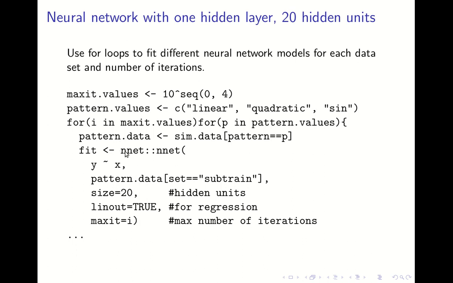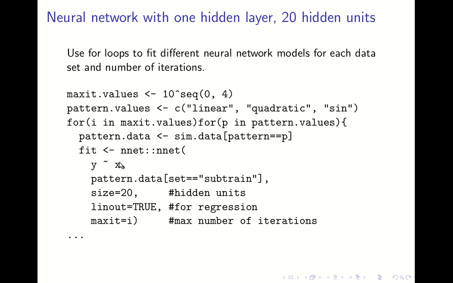And then what we're going to be doing is calling this nnet function. So this means use the nnet function in the nnet package again. And so what we do is, the first argument to this function must be this kind of formula syntax, where on the left side of the formula, that's the output that we want to predict. That's the y variable.